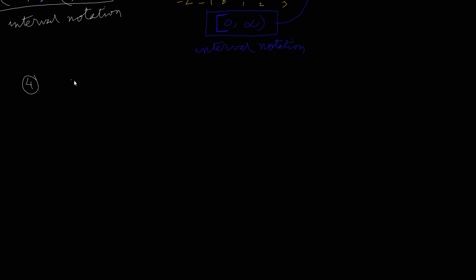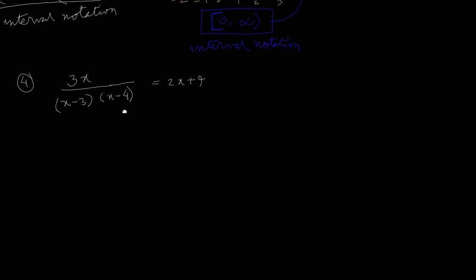The equation is 3x over (x minus 3)(x minus 4) equals 2x plus 9.